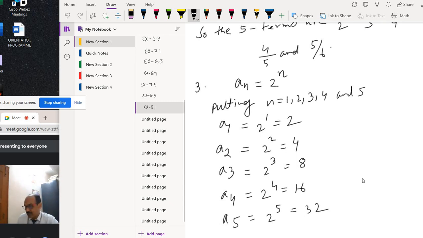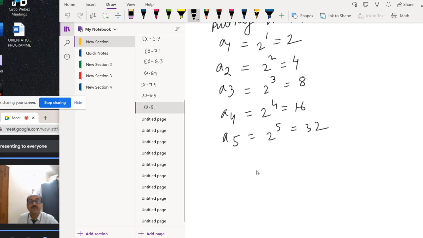Okay. Then we'll do question number 5. a_n equal to minus 1 to the power n minus 1 into 5 to the power n plus 1.